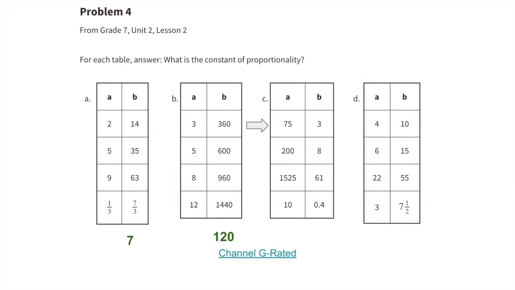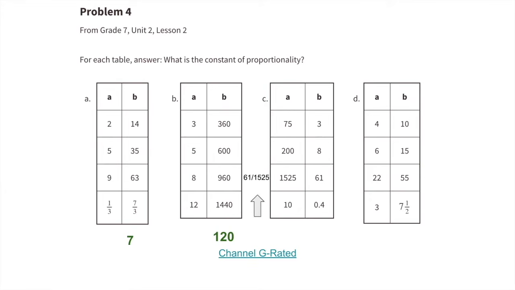Table C. 3 divided by 75. That's the same as the fraction 3 over 75, or 3/75, which can be reduced to 1/25. 8 divided by 200. That's the same as 8 over 200, which can be reduced to 1/25. 61 divided by 1,525.